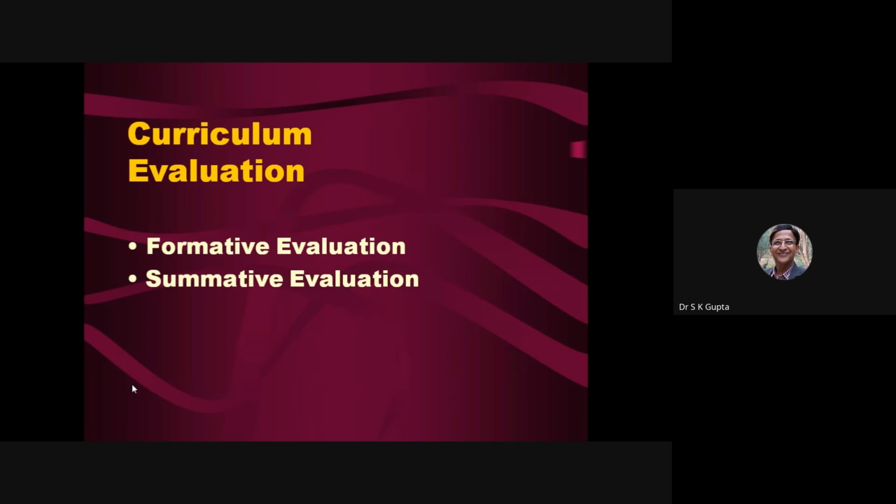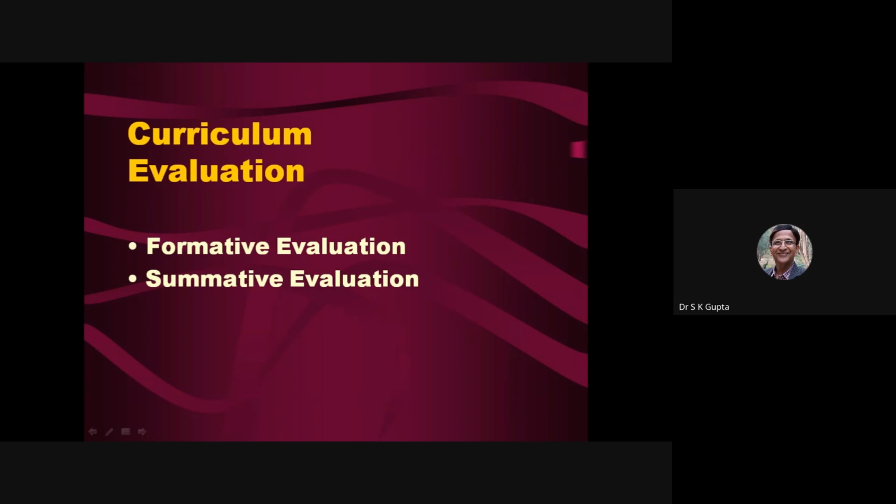And once the curriculum has been implemented fully, meaning the curriculum has been implemented for 4 years, or a diploma program has been implemented for 3 years, then at the end of the program we have summative evaluation: while implementing the curriculum, what were the problems, how we can solve those problems, whether we have to redesign our curriculum, seeing the problems of the curriculum implementation.